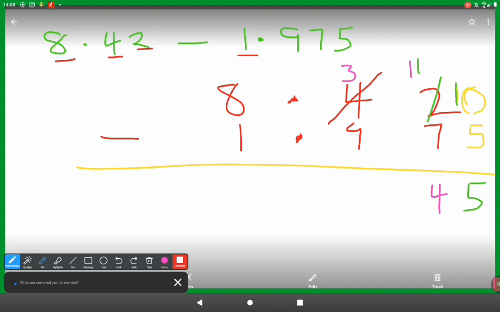So after that, you have 3 take away 9. You cannot do that. So you go to the 8. So that will be 7. The one you take away from the 8, you give it to this 3, becomes 13. So 13 take away 9 will now be 4.